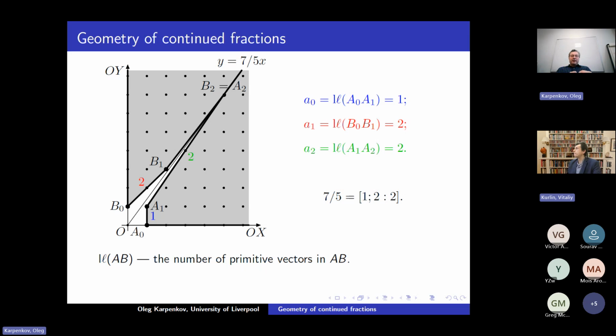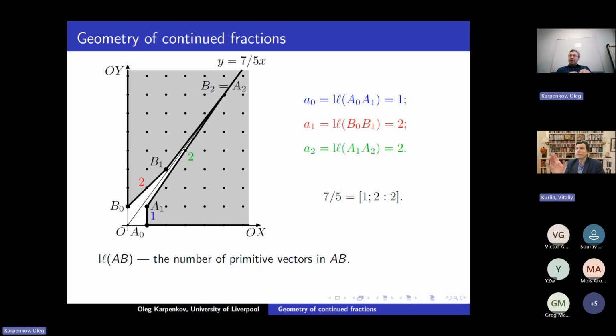Then we would like to see these numbers in the decomposition of the first quadrant by this line. What we do for that is we take the convex hull of all integer points that are below this line, and separately the convex hull of those above this line. We build their boundaries.